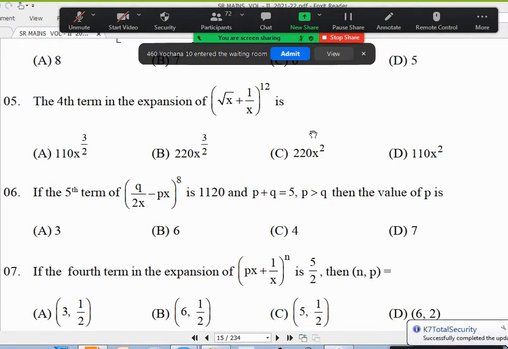Okay, fifth one: root x plus 1 by x whole power 12. And I want the fourth term.